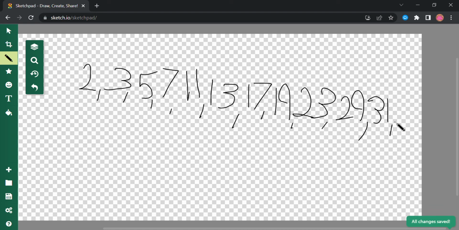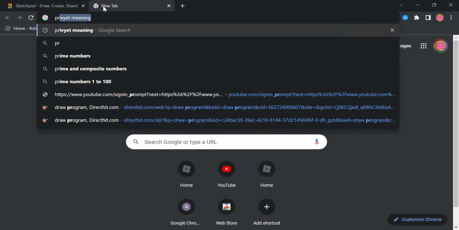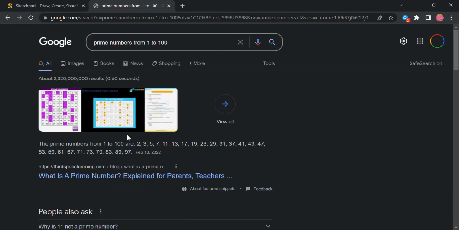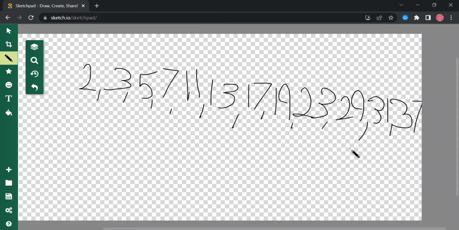And 37. I'll stop there. Prime numbers from 1 to 100: 2, 3, 5, 7, 11, 13, 17, 19, 23, 29, 31, 37. So these are the first 12 prime numbers.